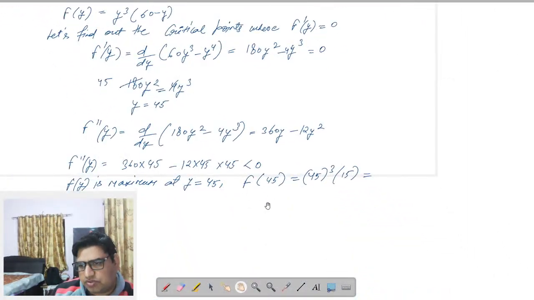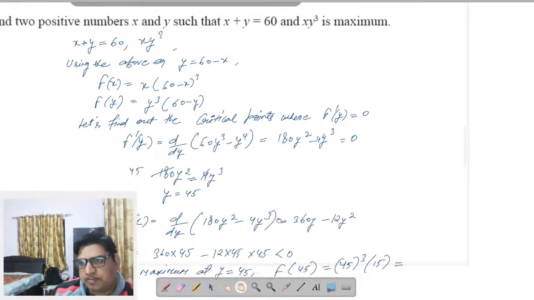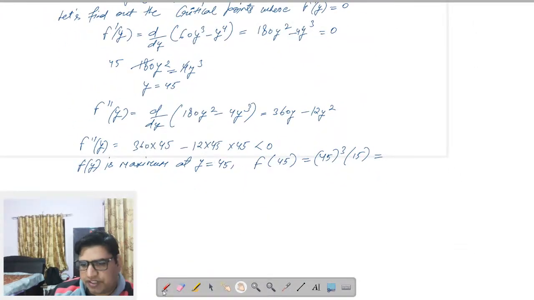So y suppose is 45, so x will be 15. Since y is equal to 45, x will be 15.